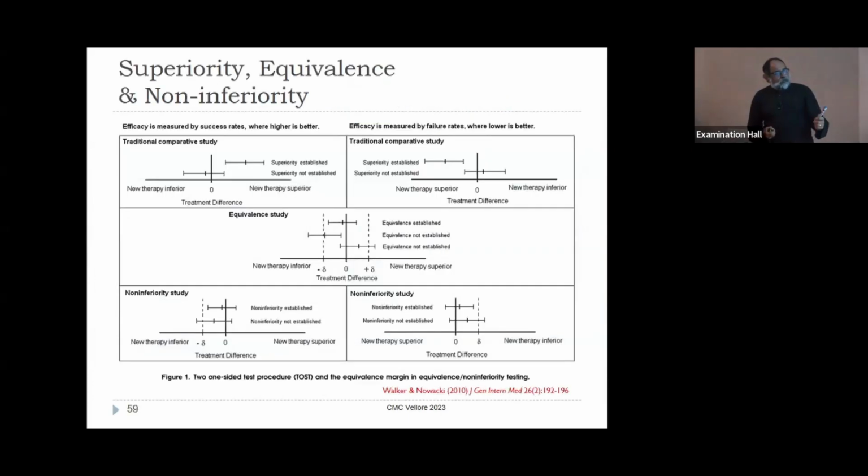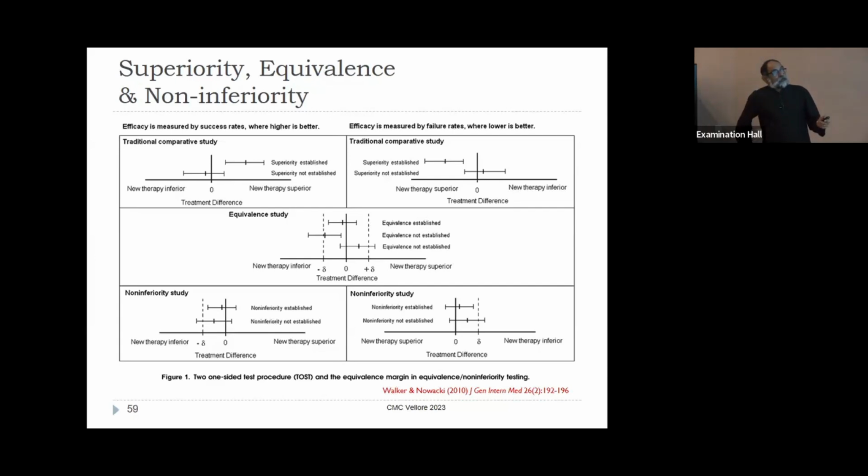So this is a nice figure in this paper in General Internal Medicine that compares the different types of studies. So when you're looking for superiority, you want to have that your confidence interval is not touching 0, so that you are superior. Okay?